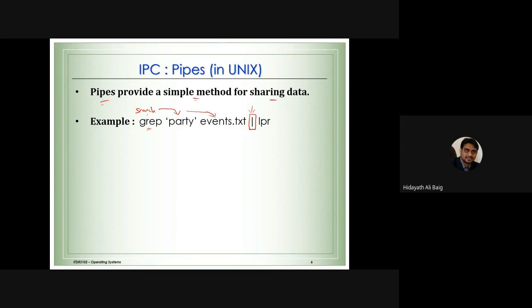Now, what is this command doing? It is trying to search for a word called party from the file called events.txt. This is the name of the file, .txt.